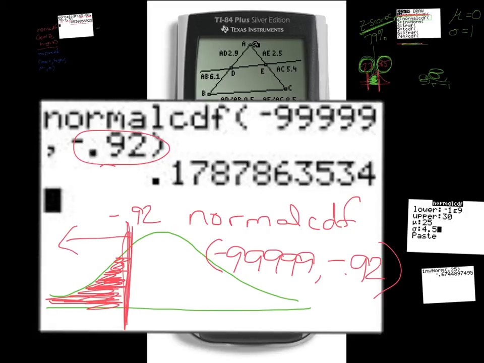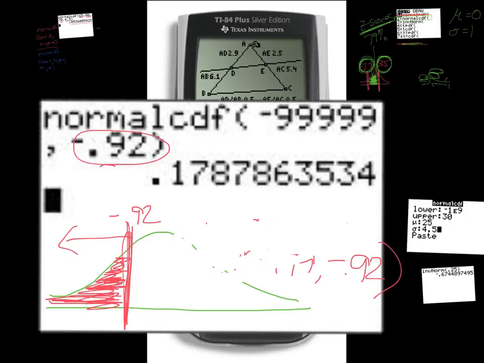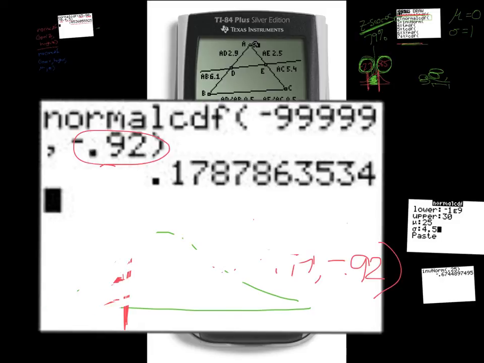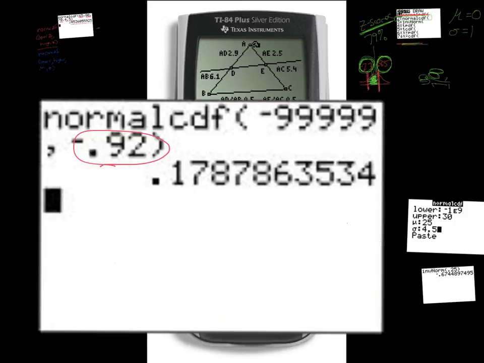You just simply type in something to that effect. You can use negative 100,000, negative 1 million. As long as you've got a large number, you are perfectly fine. But do indeed make sure when you do that, you're using the z-scores, because if you're just using the context of the problem, like I did in the second example I showed you with this calculator function, your number might not be large enough. So make sure that you are indeed using z-scores in that case.